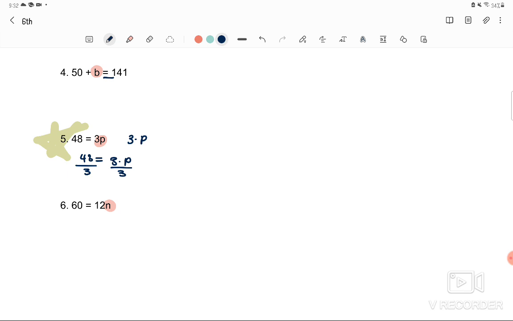Leave the p alone. You have to divide by 3 on both sides. It cancels out, and p equals 48 over 3. 48 divided by 3 is 16. So p equals 16.